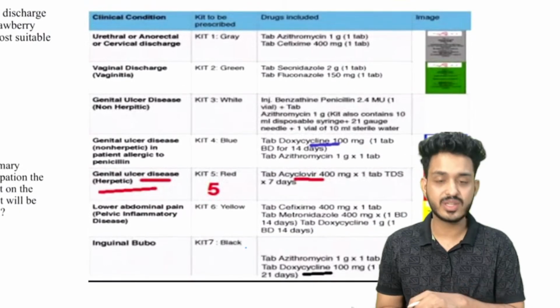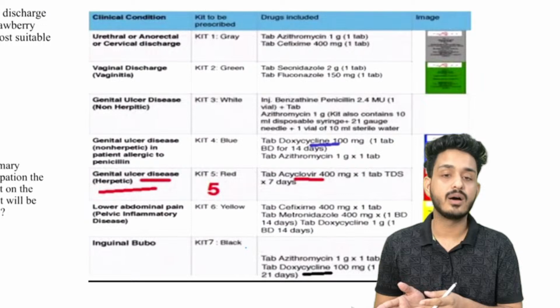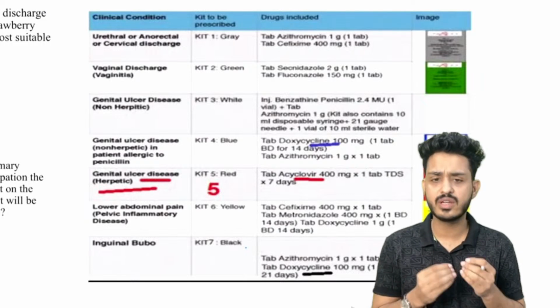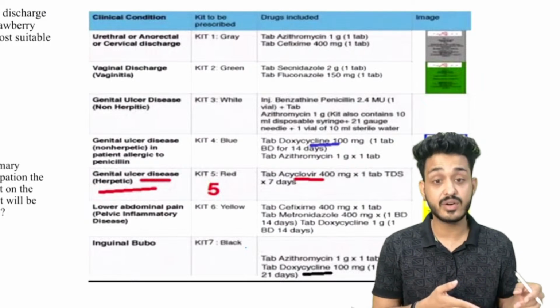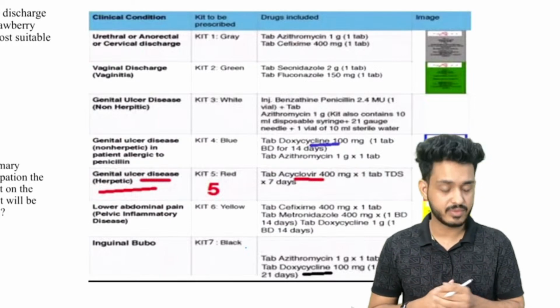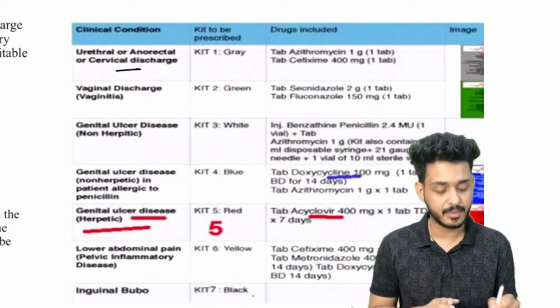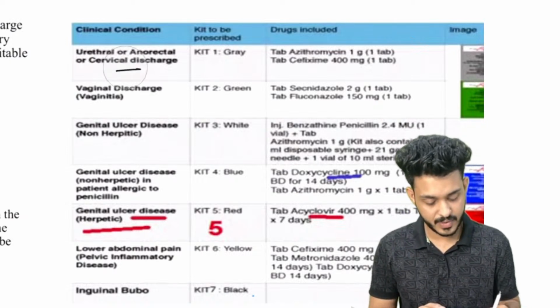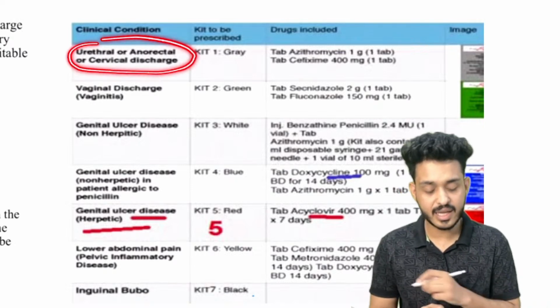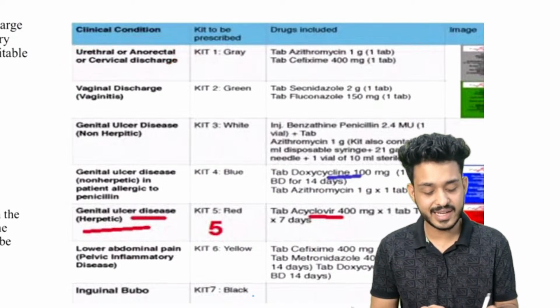First of all, let us discuss the STD kits, because these kits come in your PSM, in your microbiology, and in your dermatology STD part. What are the kits we have? First, any kind of urethral, anorectal or cervical discharge.